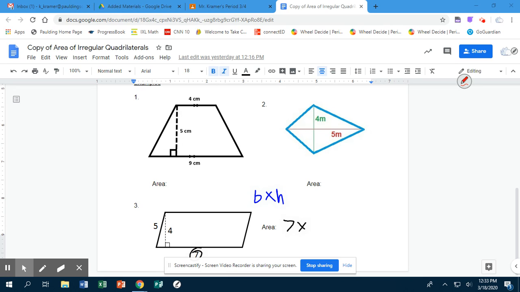Now if you look, we have a 4 and a 5. Remember from yesterday, if it's a slant height, we are not using that to find area. So we're going to use the 4 instead. So 7 times 4, the area is just 28 units squared. There's no units on this one.